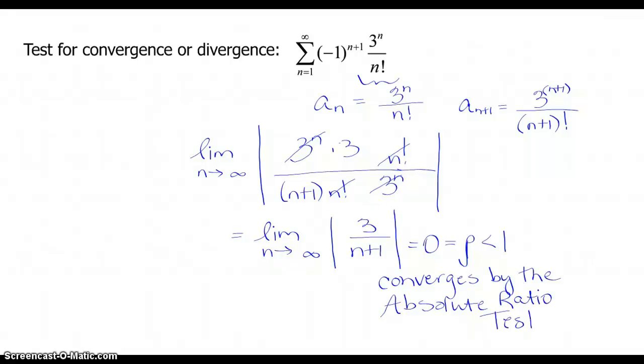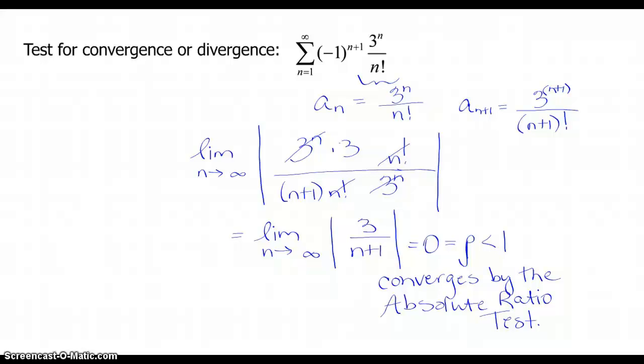Now, because this is an alternating series, if they ask us, does this converge absolutely or does it converge conditionally? Remember when we talked about the absolute ratio test, this proves absolute convergence. So this alternating series converges, and it converges absolutely because we're running the absolute ratio test.